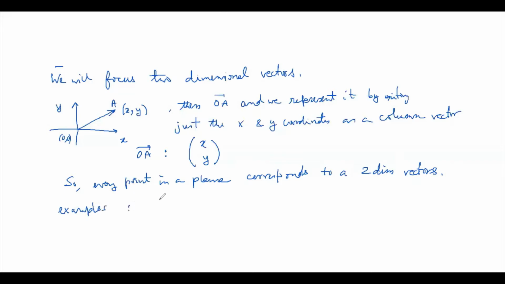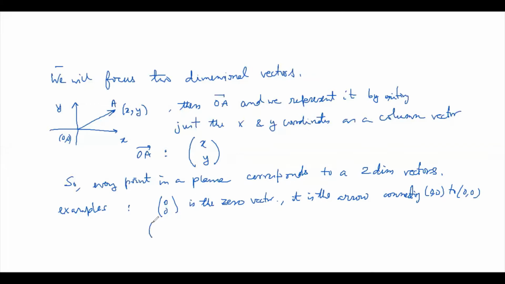So, for example, this is called the zero vector. It is the arrow connecting 0, 0 to 0, 0. Makes sense, right? Now, let's take another example.